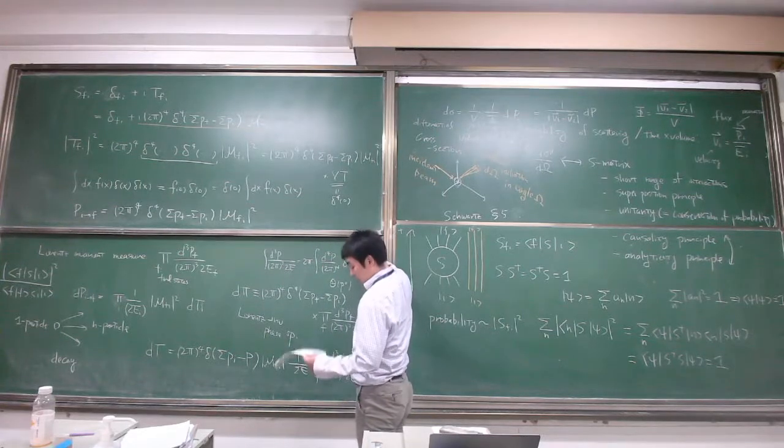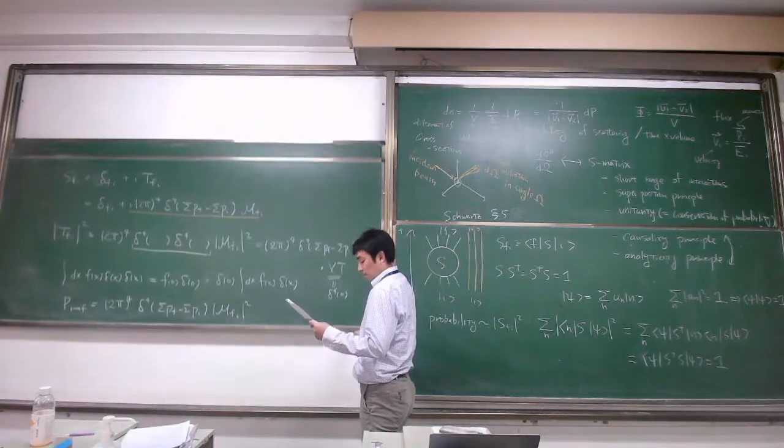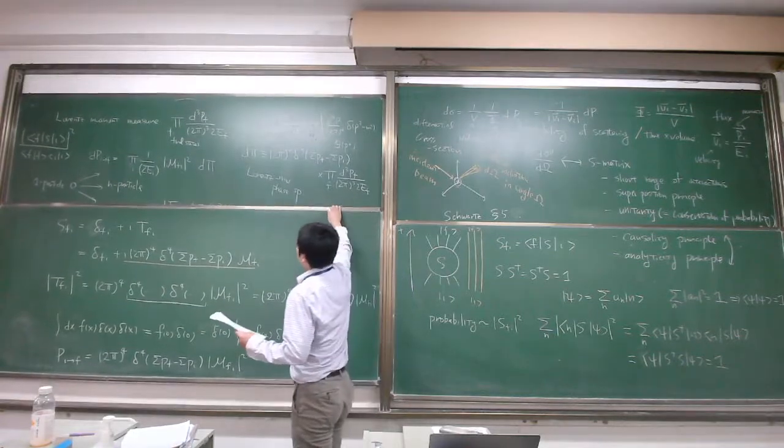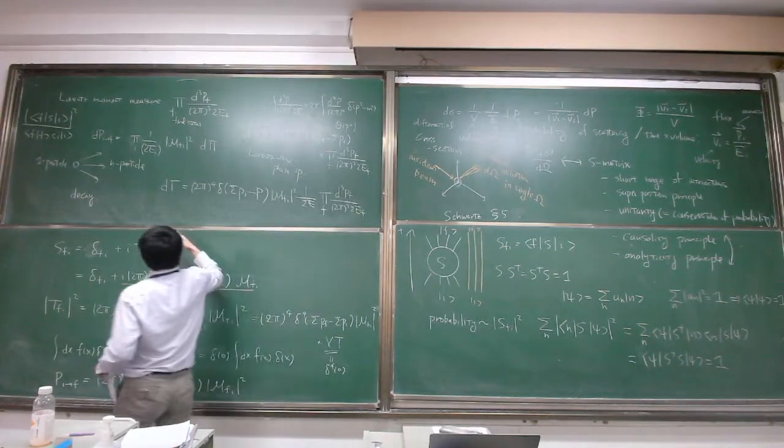So this is the decay rate, the differential probability of decay 1 to n.